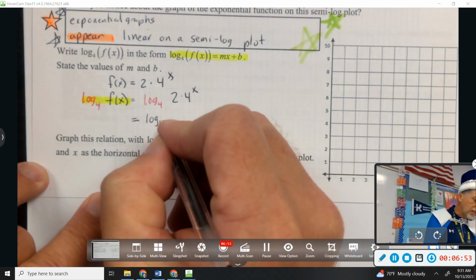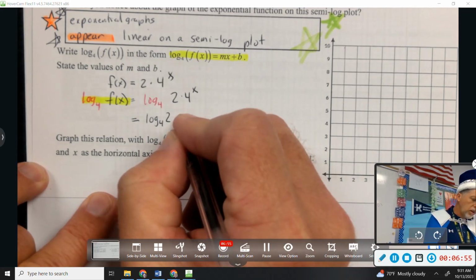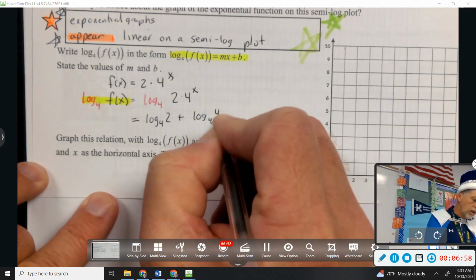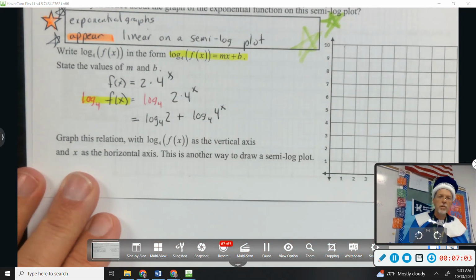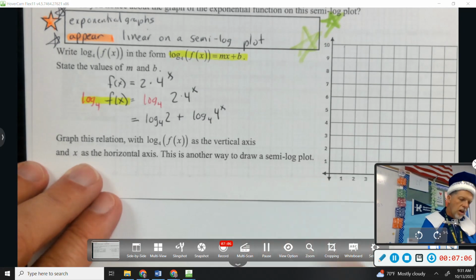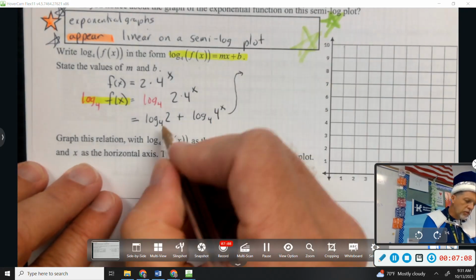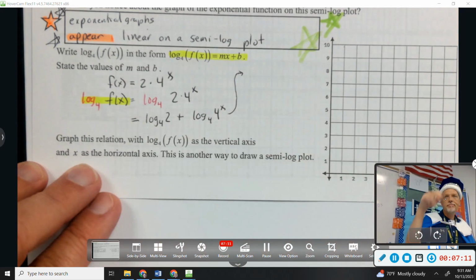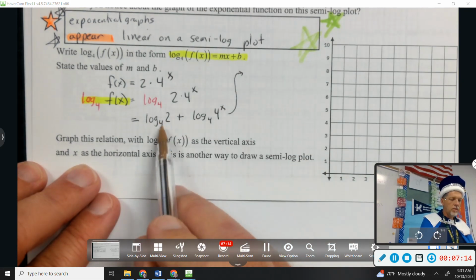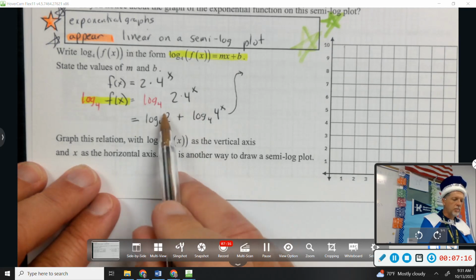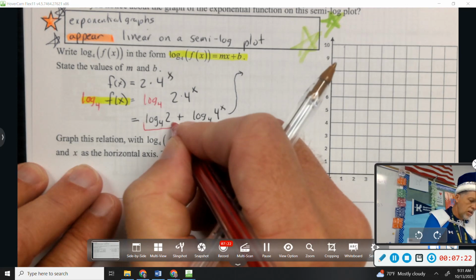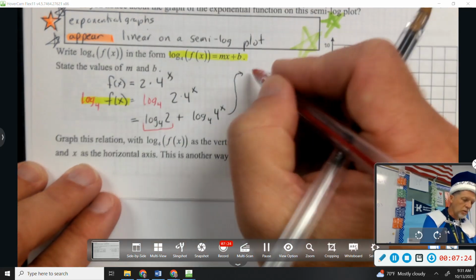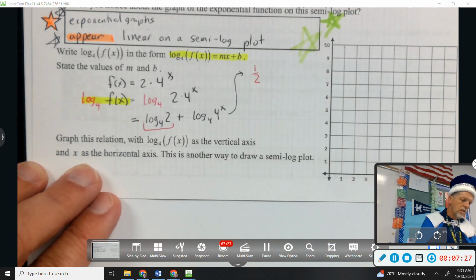Instead, let's split this up. Log base 4 of 2 plus log base 4 of 4 to the x. Right? Log properties. But log base 4 of 2, I can figure that out. That's the fishhook thing. 4 to what would give me 2? Not negative, just the 1/2, because 4 to the 1/2 is 2.